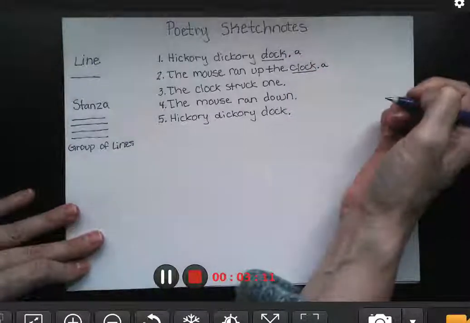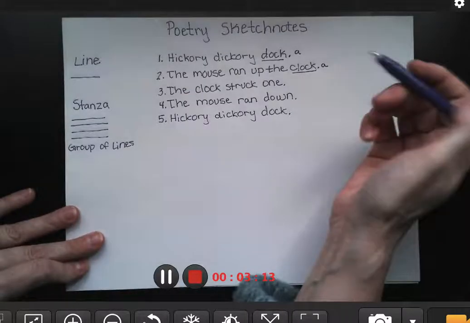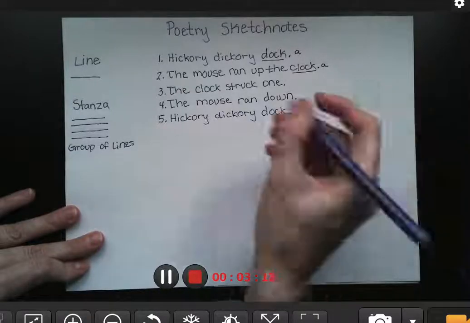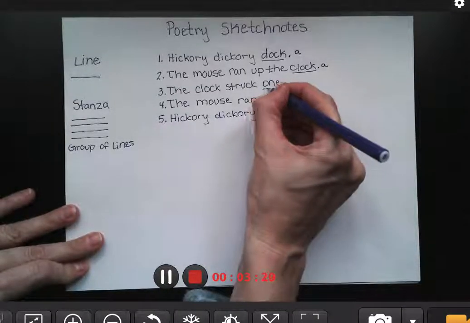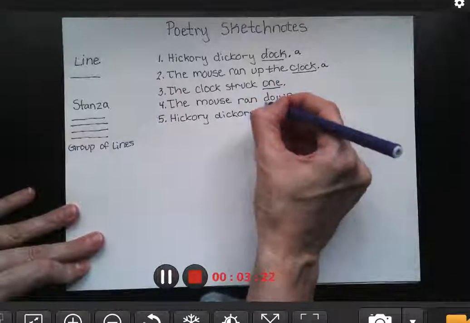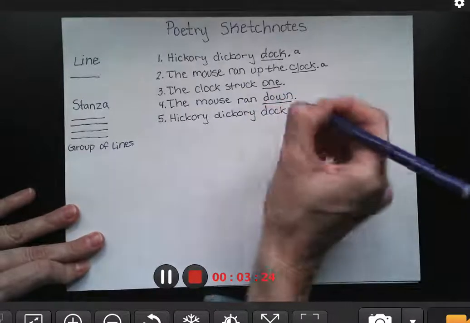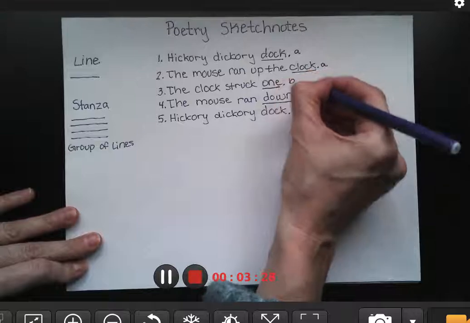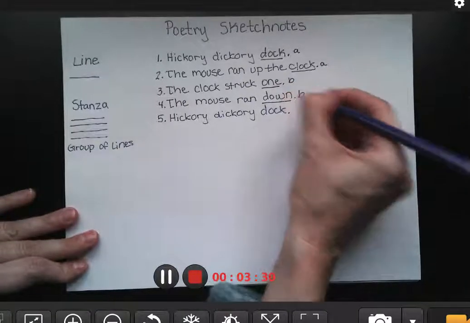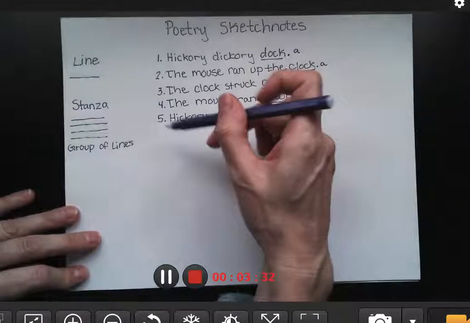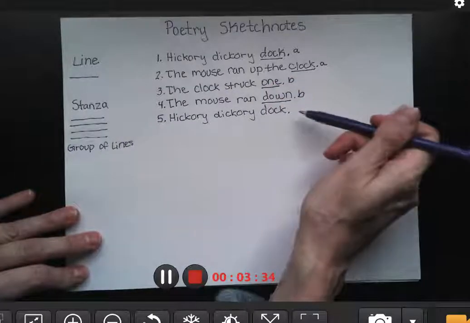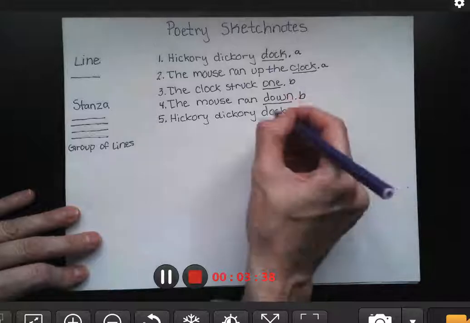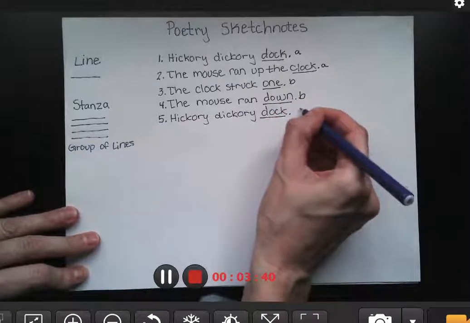Now, let's look at the next two lines. The clock struck one, the mouse ran down. Now, it doesn't have to rhyme perfectly. It can be a near rhyme. In this case, one and down are very similar in sound. We're going to call those our B lines. And then our last line, Hickory, Dickory, Dock, which line does that rhyme with? You're right, it's back up to the A line.